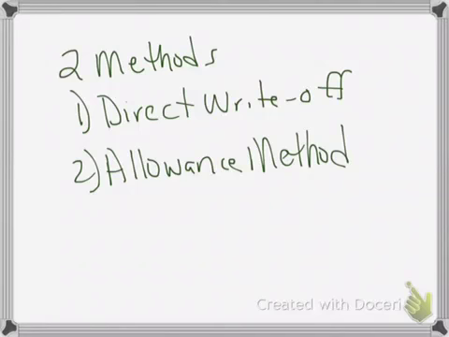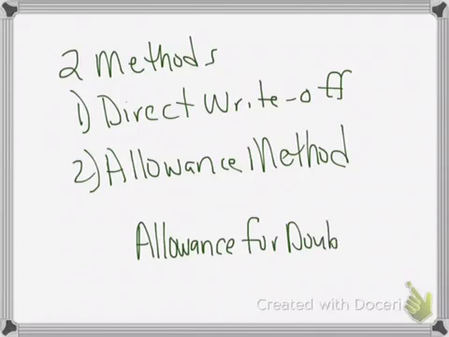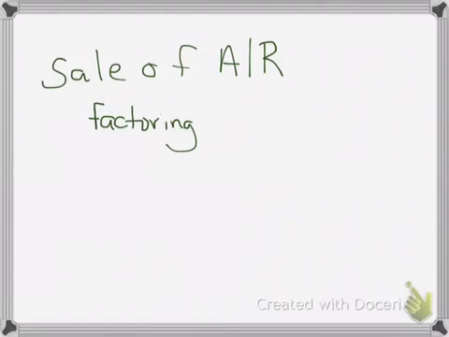And the account that we use for this allowance method is going to be the allowance for doubtful accounts. That's a new account, and this is a contra account to our accounts receivable account.